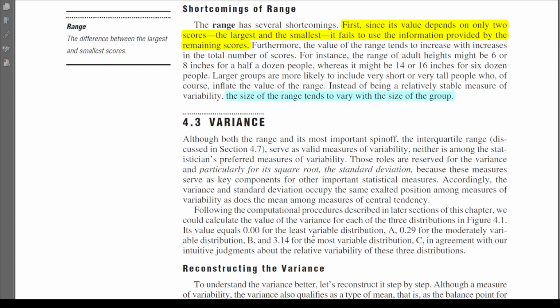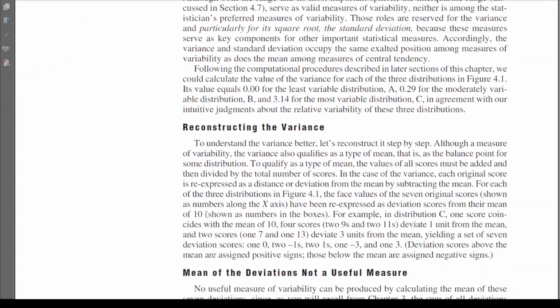Coming to the next metric of measuring variability, the variance. How do we calculate the variance? Although a measure of variability, the variance also qualifies as a type of mean, that is, as the balance point of some distribution.